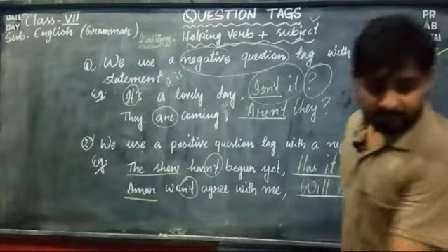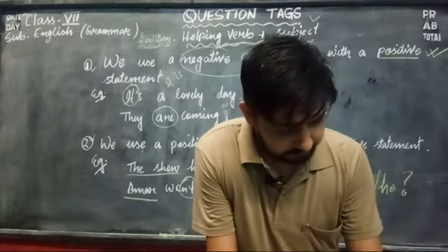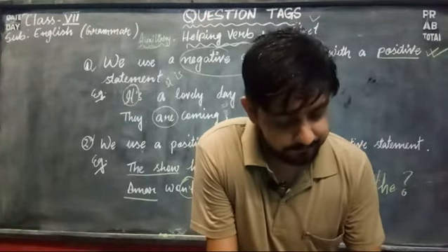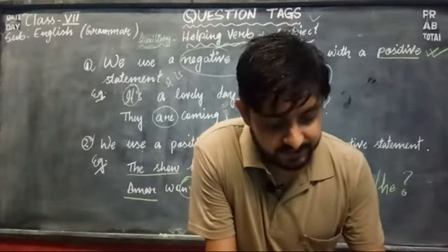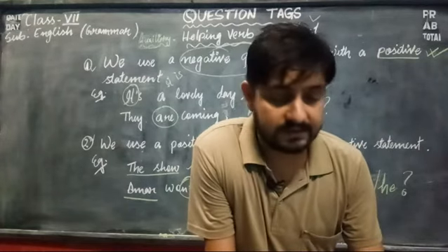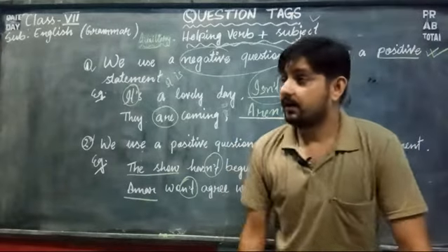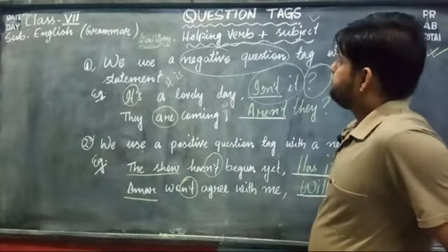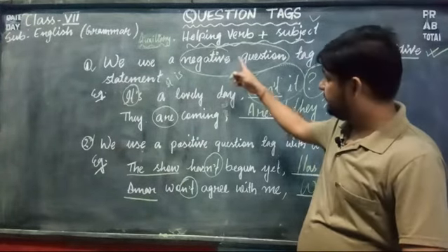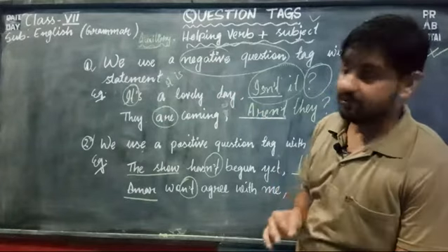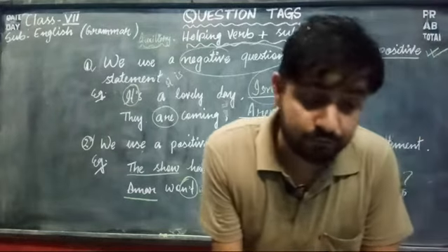Okay. So in your book, page number 9, page number 10, there are question number J, question number K, then question number L. These three questions you can do by using the same rule without thinking much. Only apply these two rules to solve these three questions.